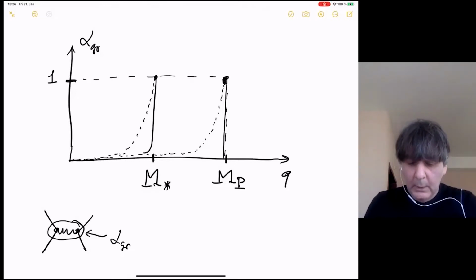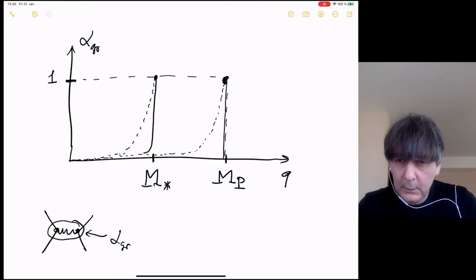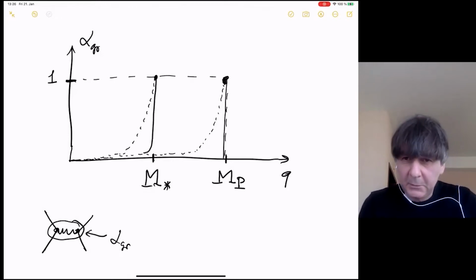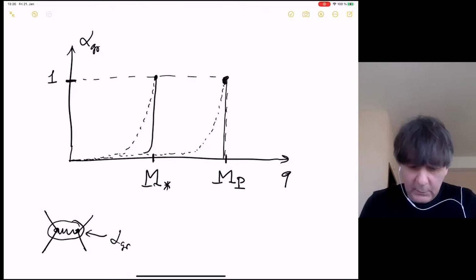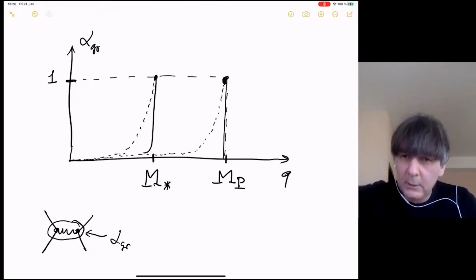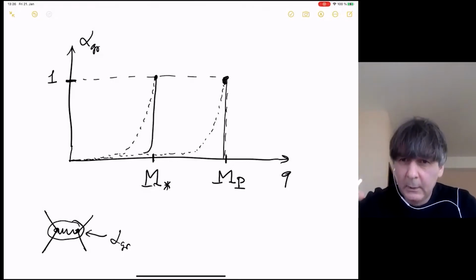Now, what cannot happen, and this is an extremely powerful and important statement of what this Shannon-Lemon expansion is telling us, what cannot happen is to make gravity weaker before it hits the strong coupling. In other words, before the theory goes out of the validity of effective field theory, you cannot make gravity weak.